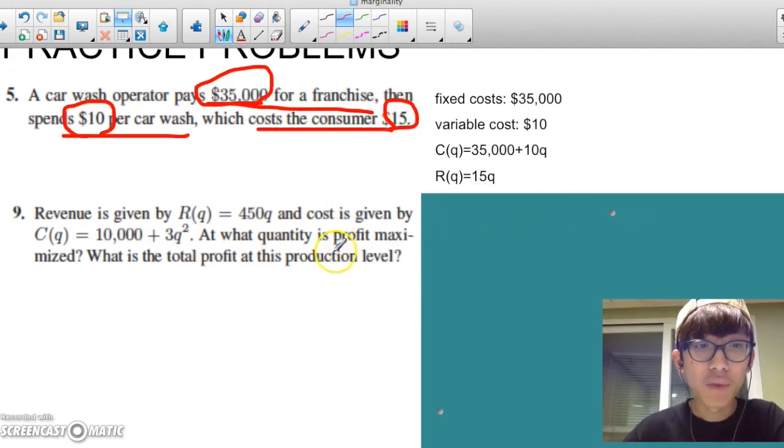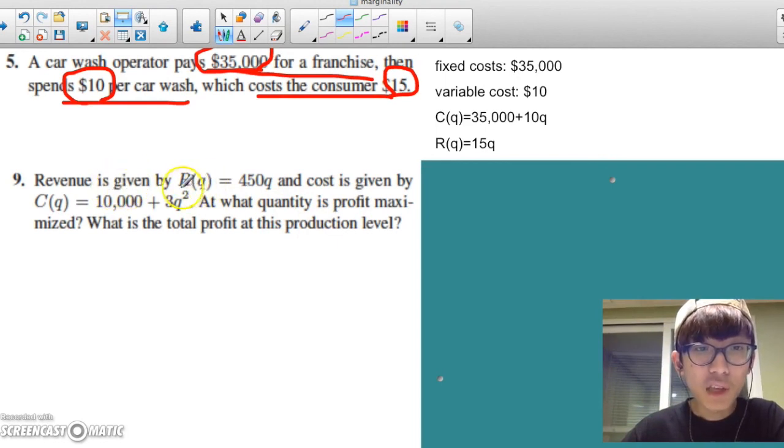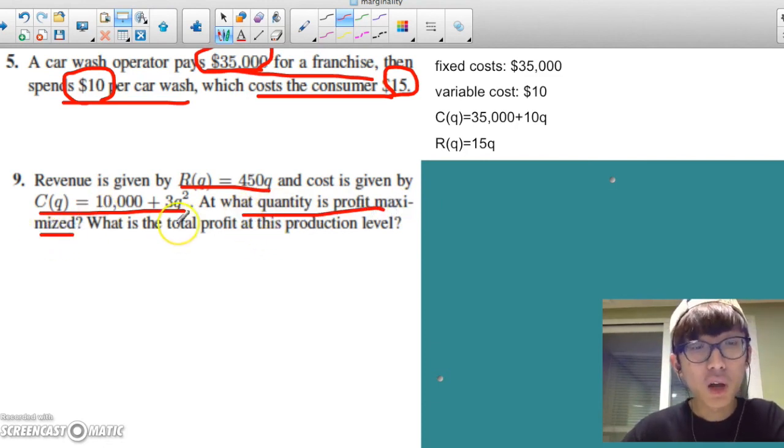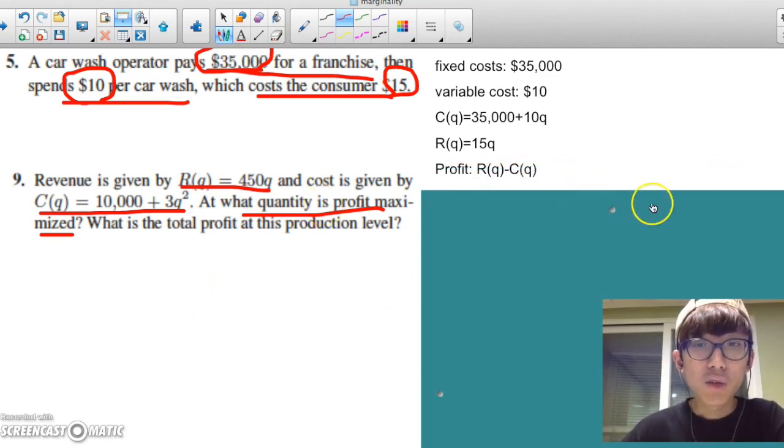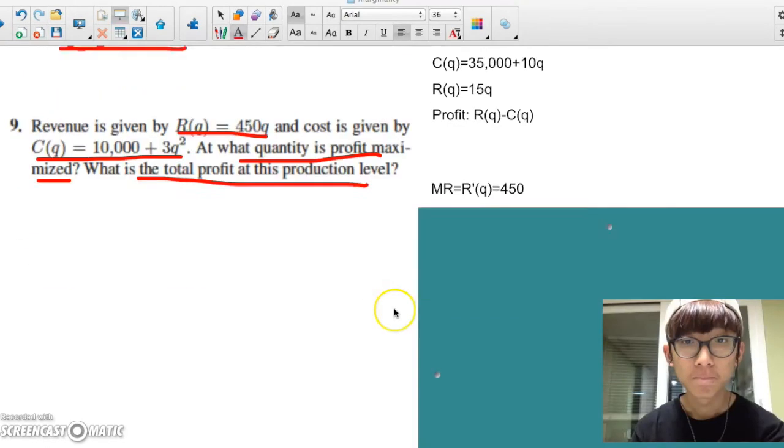The second problem, revenue is given by this function and cost function is given. At what quantity is profit maximized? There are 2 options of solving this. You can draw a graph of revenue and cost, and find out where the slope of the tangent line is equal, but because that's hard, let's just do it analytically.